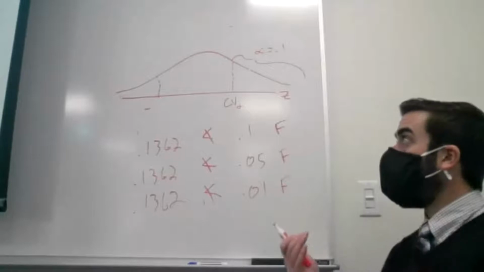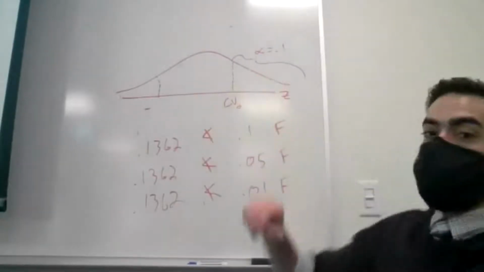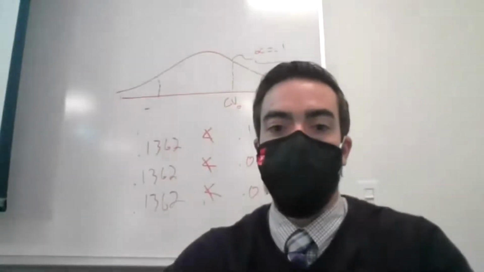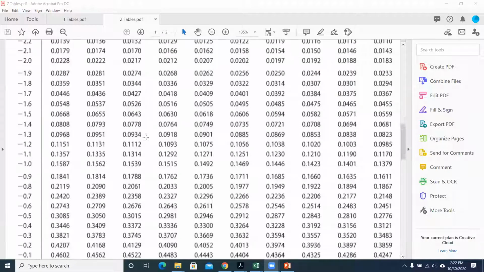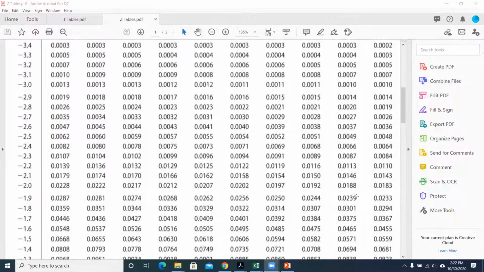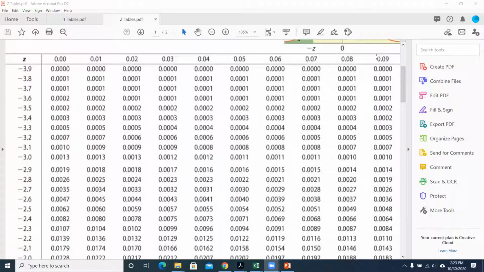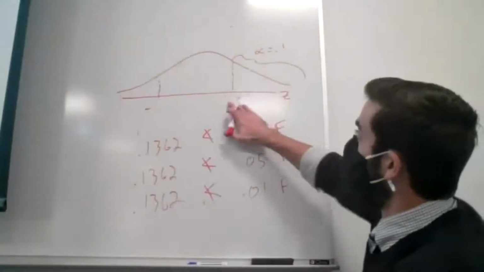If I just want to look up alpha as the area in the left tail, and I remember I have a right-tailed test, I could just look up that 0.1 and remember that it's going to be positive. So if I simply look up that area in the tail of 0.1, looks like I'm in between these two values, negative 1.28 and negative 1.29. So 1.29 or negative 1.29, I'll remember it's a right-tailed test. So it has to be positive.